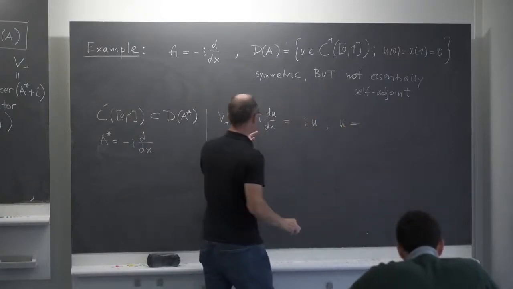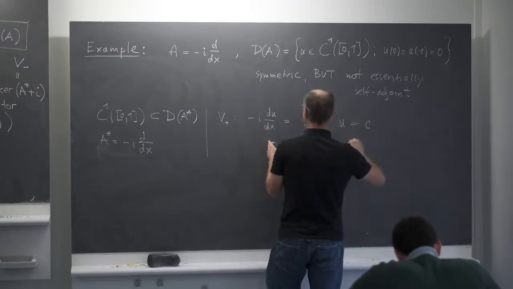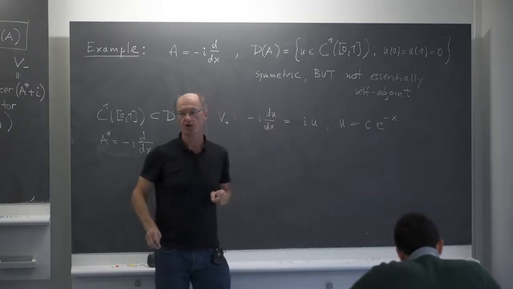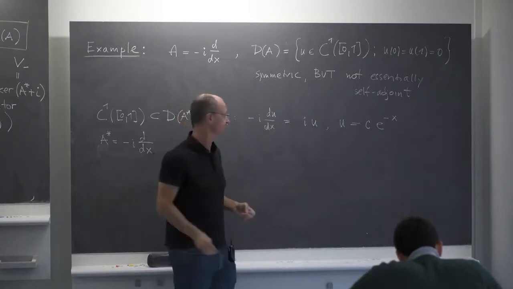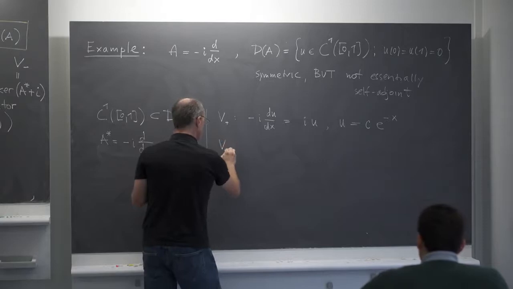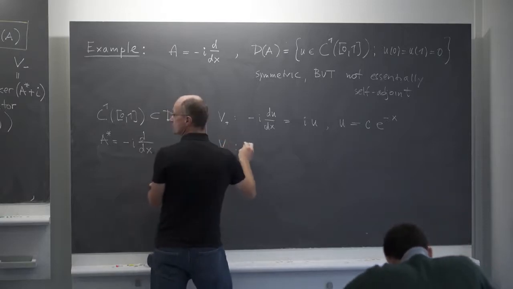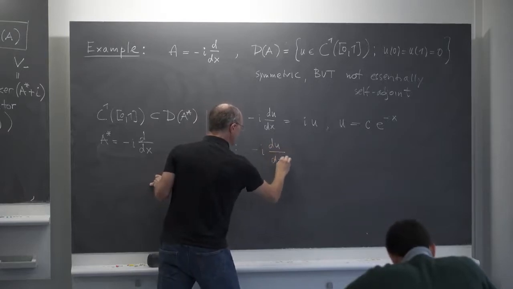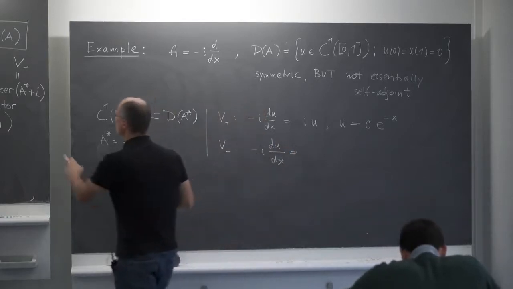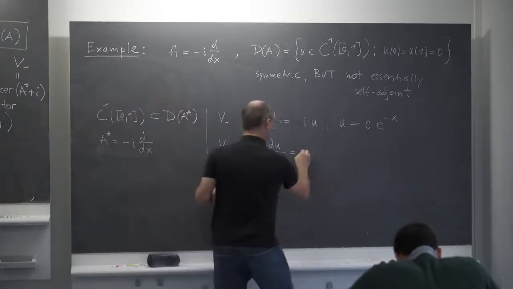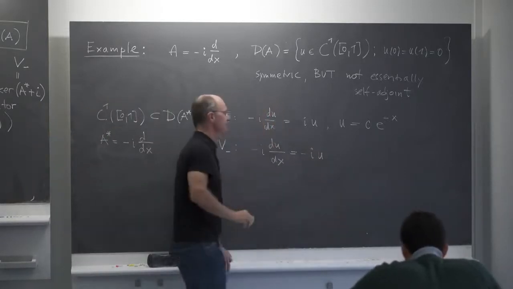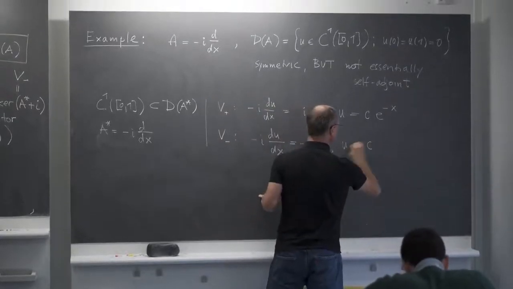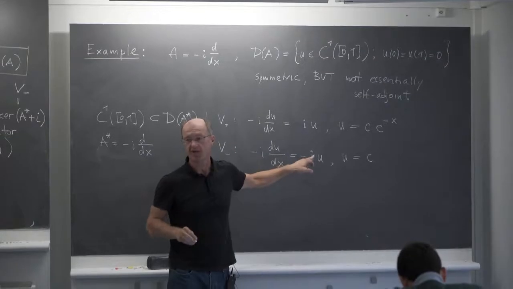Solutions of those equations are a constant times exponential of minus x, right? Now what about V minus? We are now solving the equation minus i du over dx equals minus i u. This time, hopefully, we get a minus sign. And so this would be c times the exponential of x.